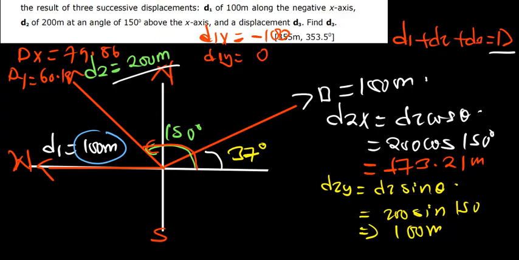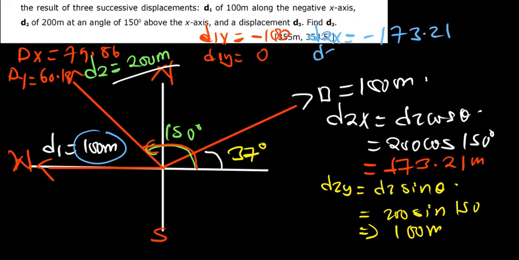Now I'll put it here again because I don't have space down here. I have d2x to be equal to negative 173.21.